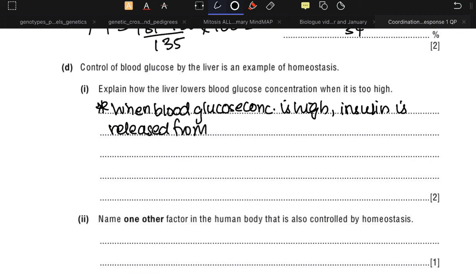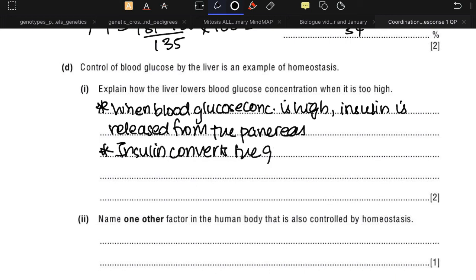Insulin is released from the pancreas, and the insulin converts the glucose to glycogen for storage in the liver.